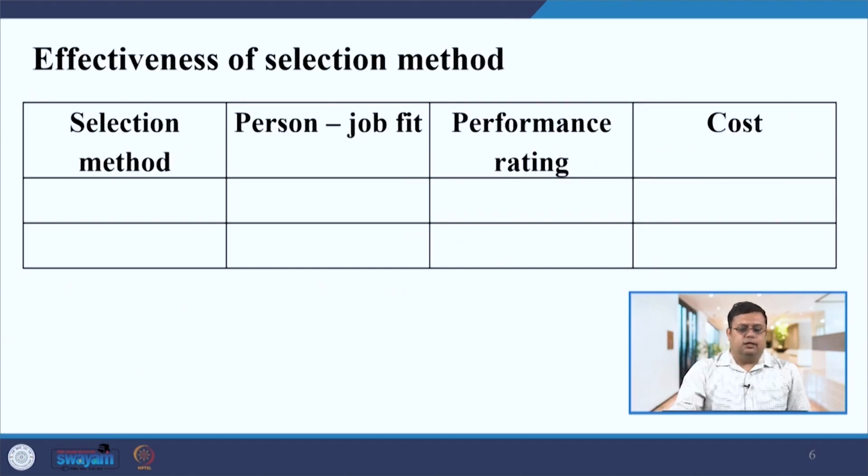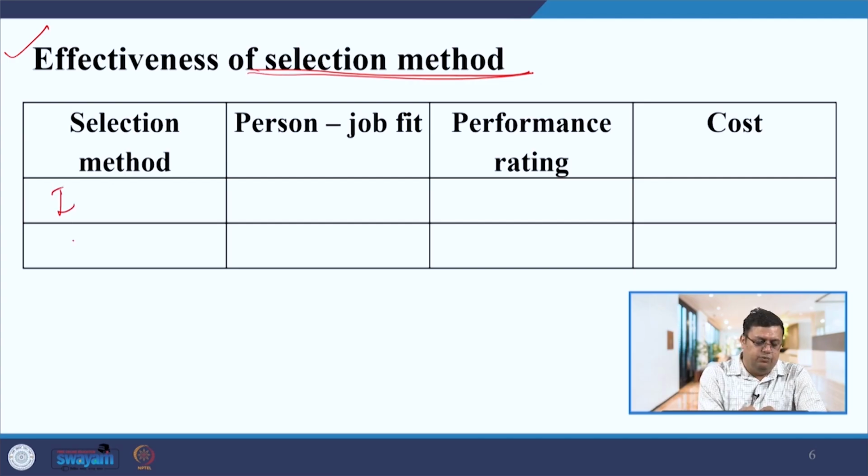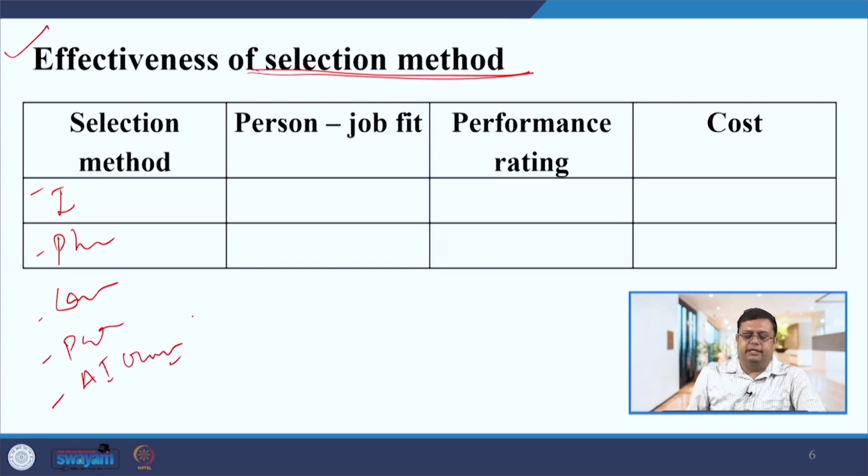Now, let us discuss another method, the effectiveness of selection method. The selection methods that we already discussed include interview, physical test, computer based test, personality test and AI based game. These are the various types of selection methods.